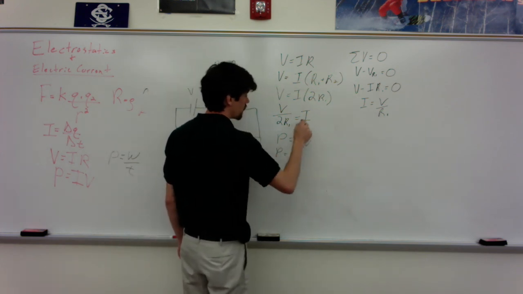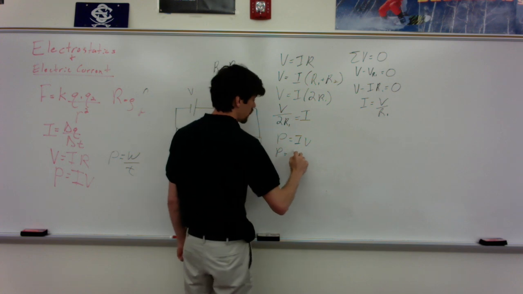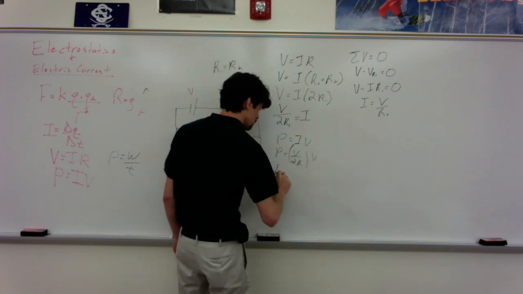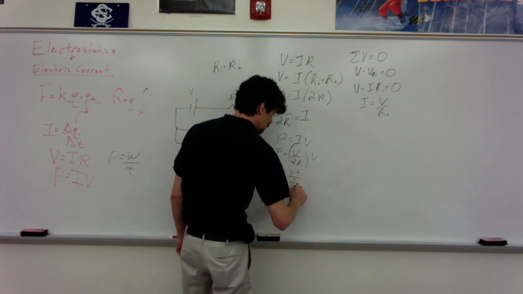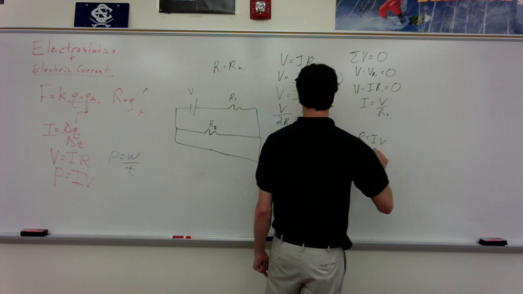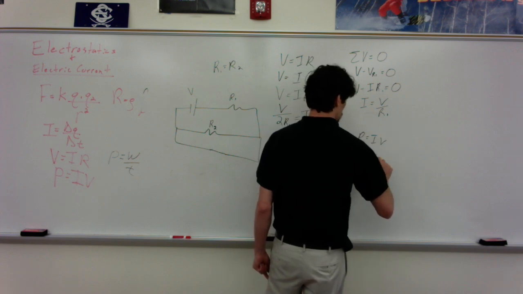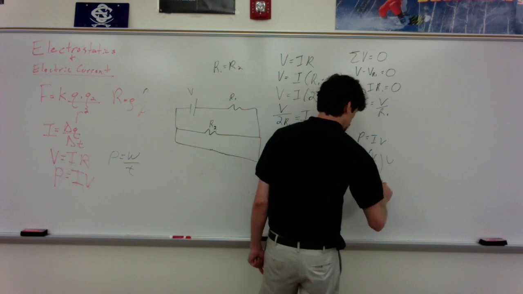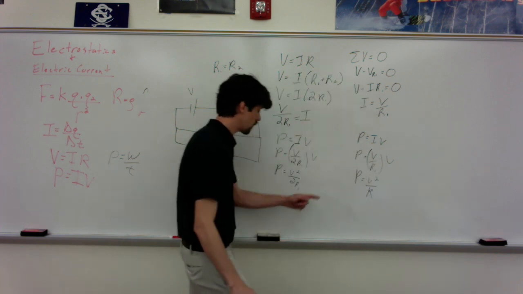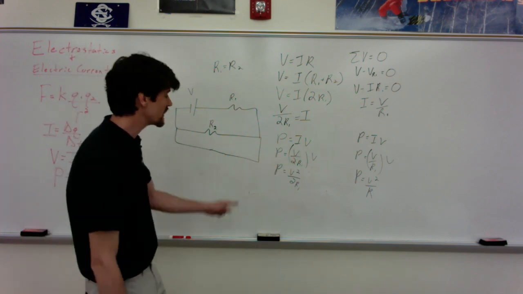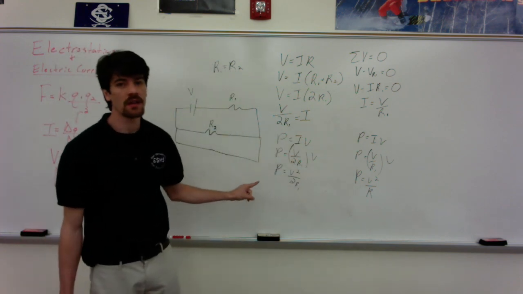So I could go ahead and say, power, oh, I know the current already. Cool. I was able to find the power outputs in both those cases, once again showing that the power output in that one would indeed be double that.